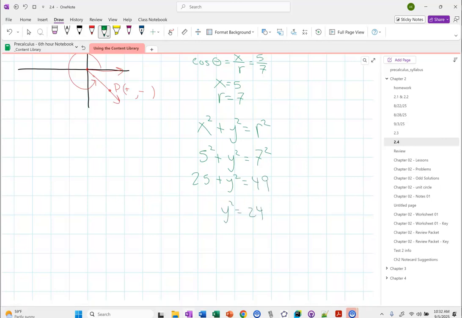Subtract 25 from both sides. Square root both sides, and I get y is plus or minus. I'm going to reduce this radical in my head to 2 root 6. Now, do I want plus or minus here? Remember, y is not a length of a triangle anymore. It's a coordinate. The y is the minus.